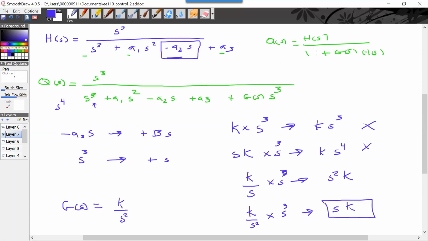I think so. Right. Because the h of s is the system that is out of control that needs controlling, and g of s is going to be the feedback that gets it to be controlled. All right. But it sounds like you're struggling with, I had this, and then all of a sudden I had G of S, S cubed. Yeah, where did that come from?